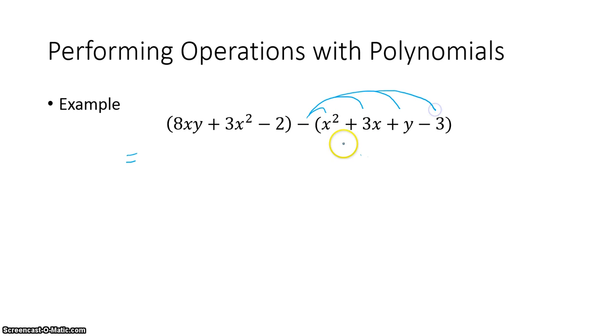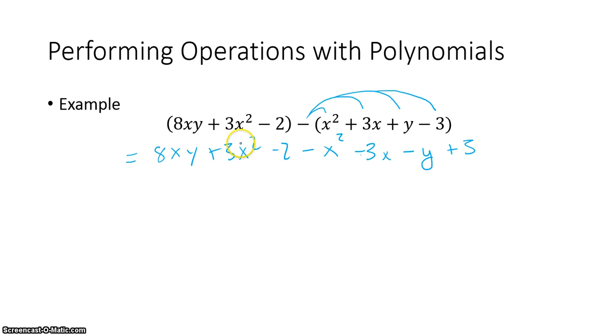And to do that, I'll change the sign of each term inside that polynomial. This first polynomial, the parentheses I don't need, so I'm going to drop them. And again, I'm distributing the negative, so I'll change the sign of each term inside the parentheses. Notice it ended up becoming plus 3 at the end.